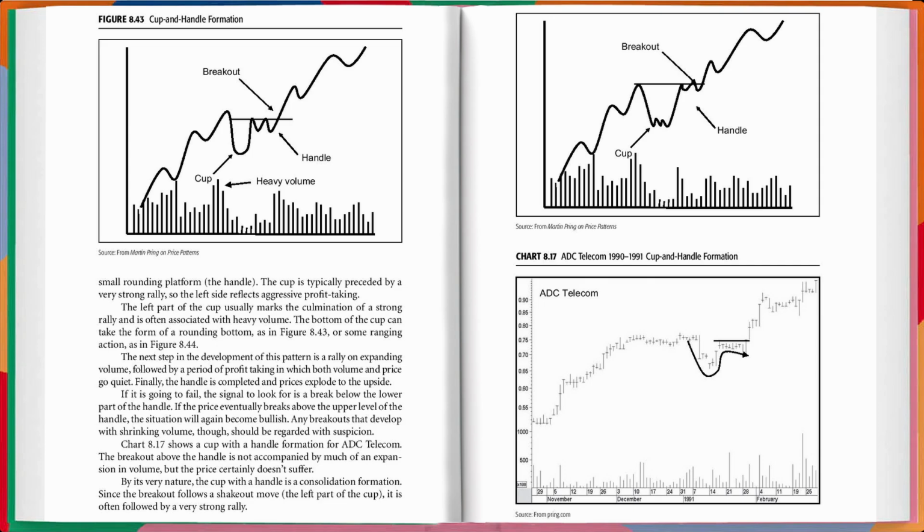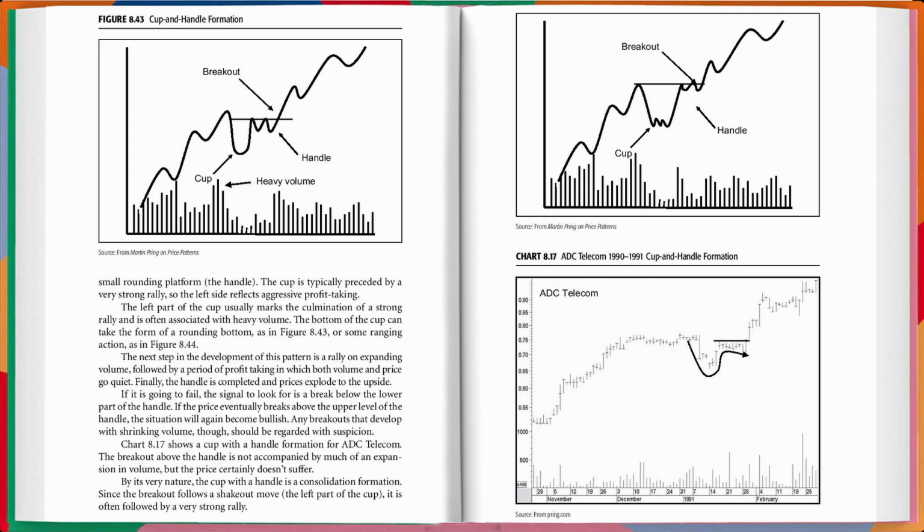If it is going to fail, the signal to look for is a break below the lower part of the handle. If the price eventually breaks above the upper level of the handle, the situation will again become bullish. Any breakouts that develop with shrinking volume, though, should be regarded with suspicion. Chart 8.17 shows a cup with a handle formation for ADC Telecom.